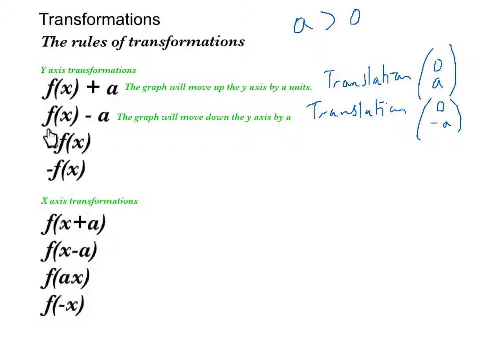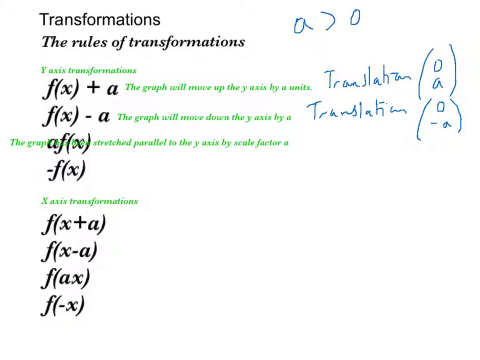We then need to look at this next rule, a f of x. Don't worry, we're going to actually put these in practice in a minute, but a times f of x. So this means the graph has been stretched parallel to the y-axis by a scale factor a.